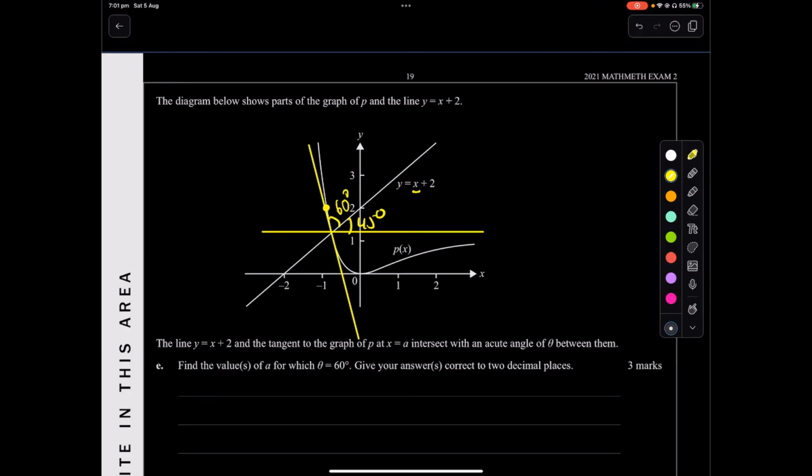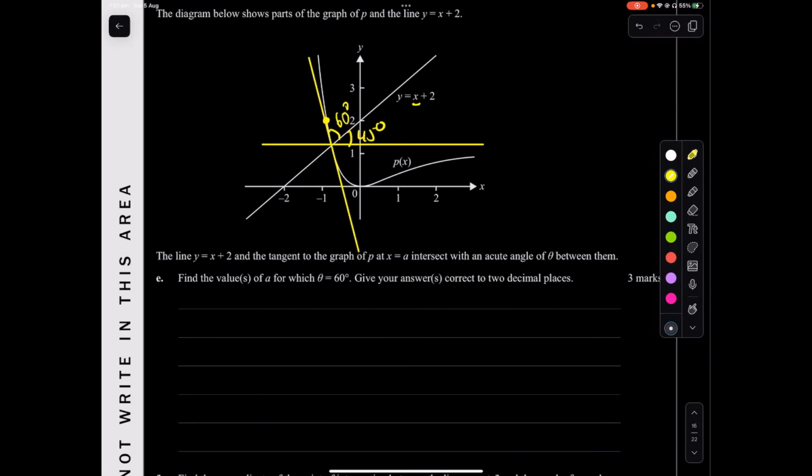Yeah, and the angle over there is 60, and that's 45. So it means that if we add both of those up, we get the gradient. The line equal tangent could intersect with an angle between them, and we find the values for which theta is that.